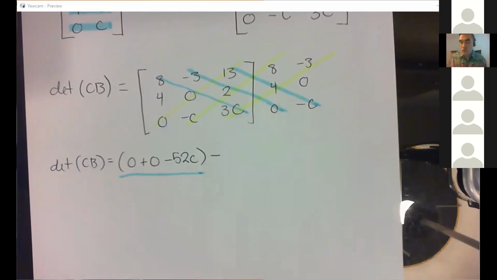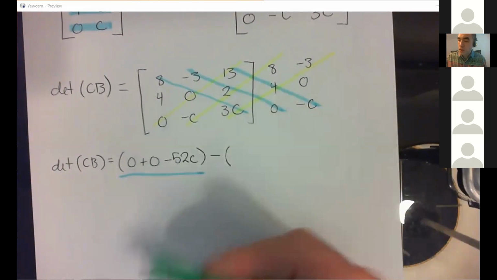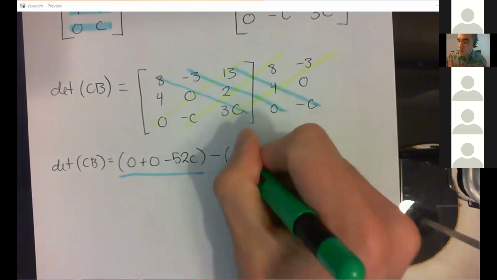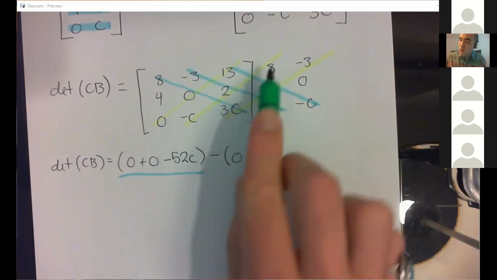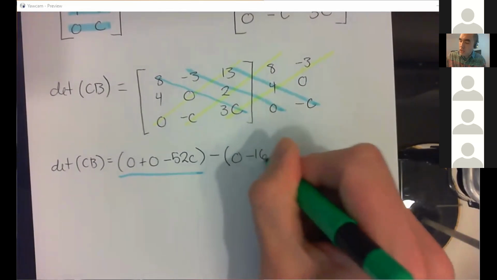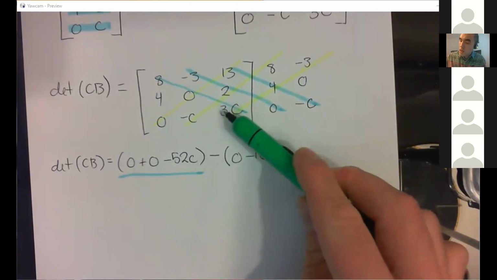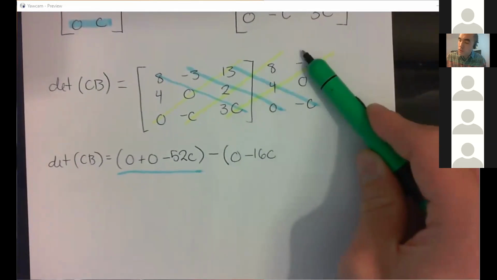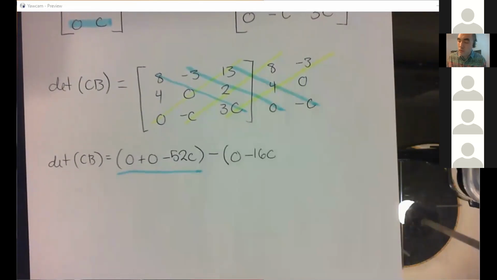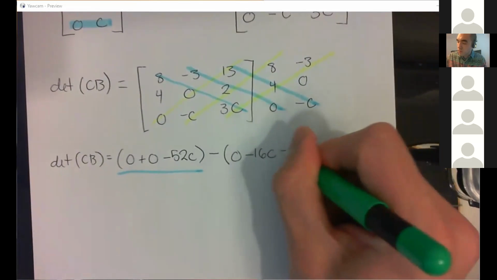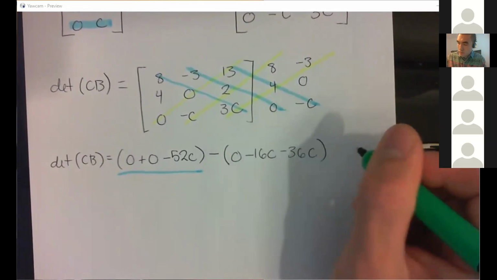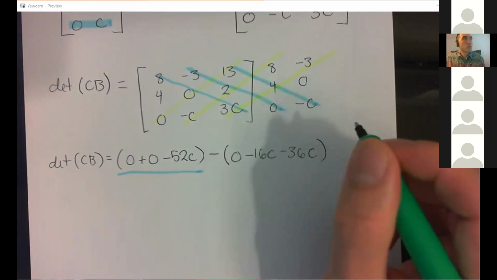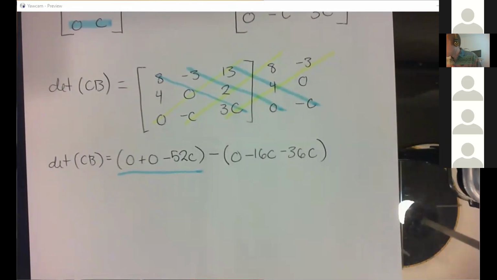From that, we have to now subtract our yellow set. So it's going to be minus the sum of 0, 0, 13, that's 0. -c, 2, 8, so that's -16c. And then 3c for -3, so these two will give us -12. And then 12 times 3 will give us -36. No, -48. Oh, no, sorry, my bad. 3 times 12 is 36.